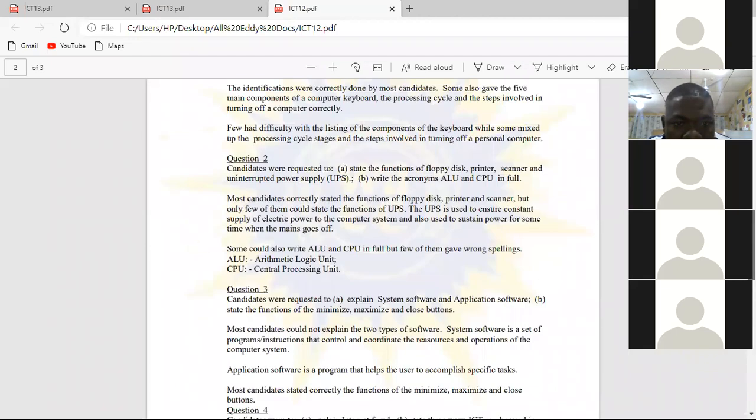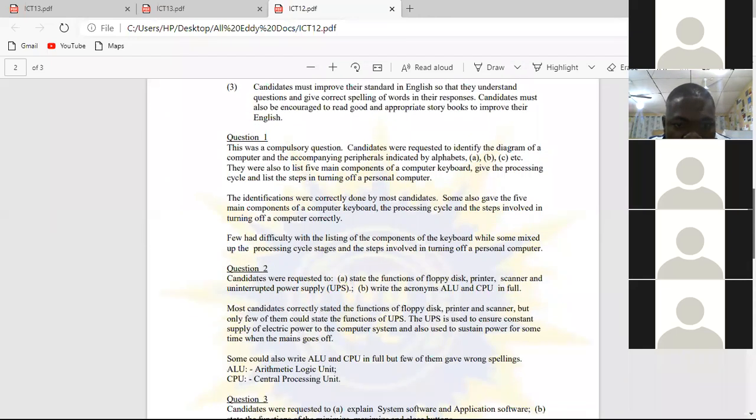Okay, so Kek, you can continue from question 1. This part, the most important question 1. Read. This was a compulsory question. Candidates were requested to identify the diagram of a computer and the accompanying peripherals indicated by alphabets A, B, C, etc. They were also to list 5 main components of a computer keyboard, give the processing cycle and list the steps in turning off a personal computer.